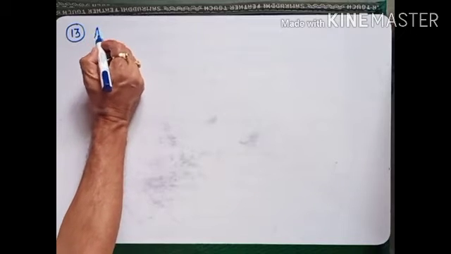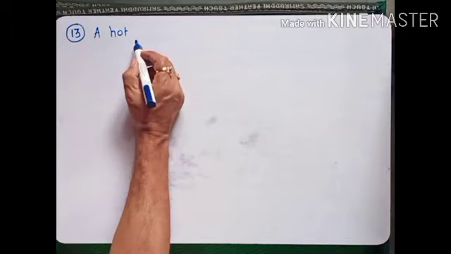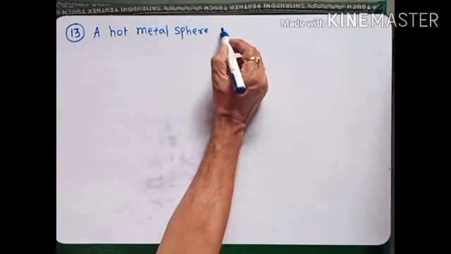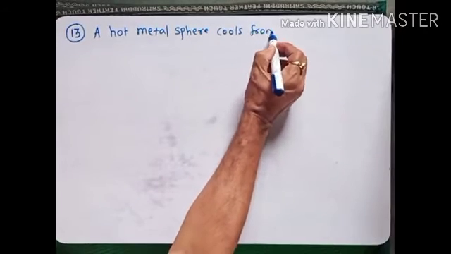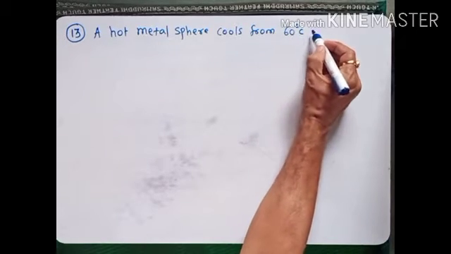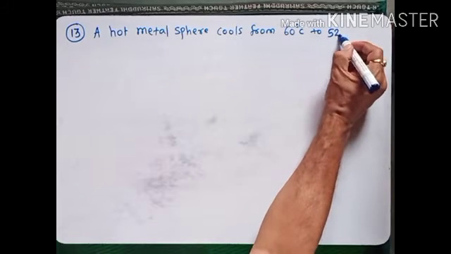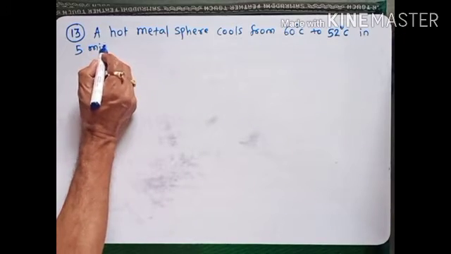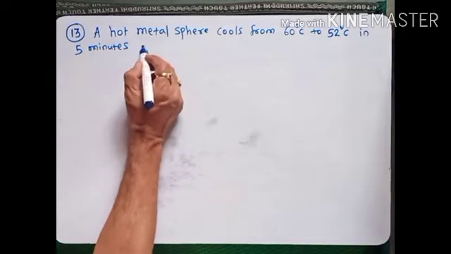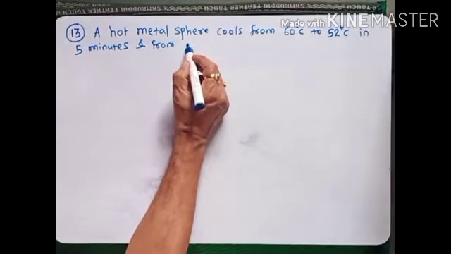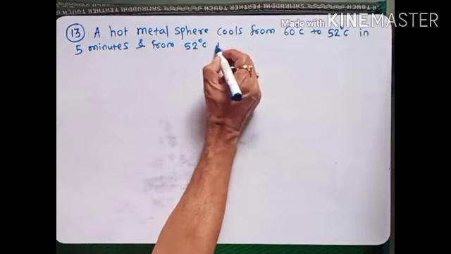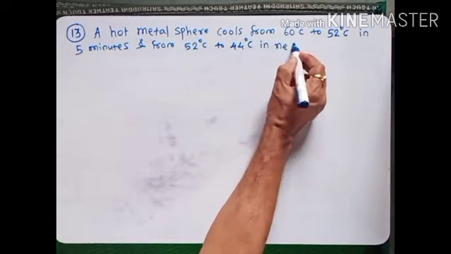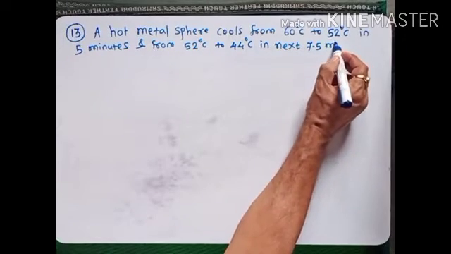A hot metal sphere cools from 60 degrees centigrade to 52 degrees centigrade in 5 minutes, and from 52 degrees centigrade to 44 degrees centigrade in the next 7.5 minutes.